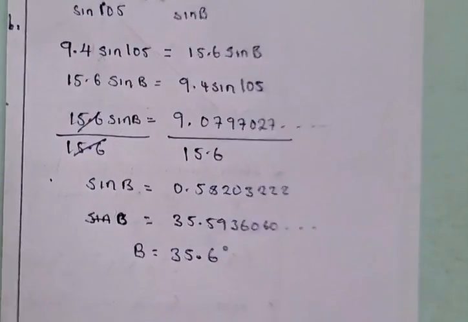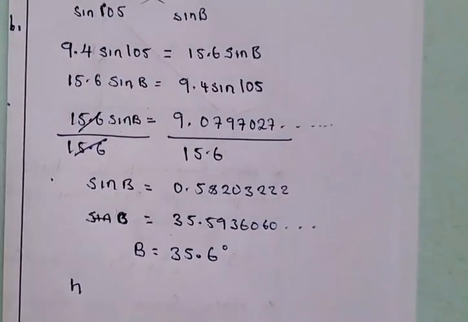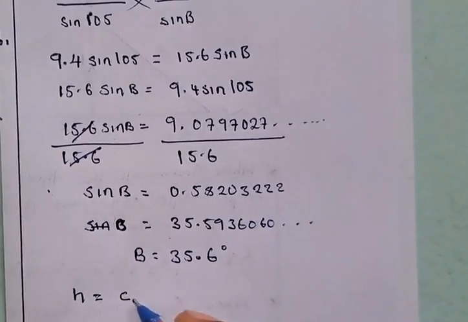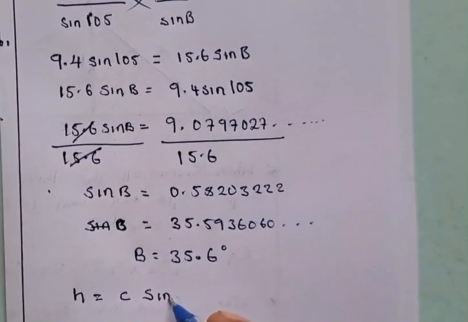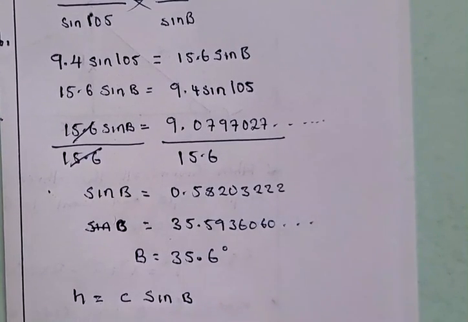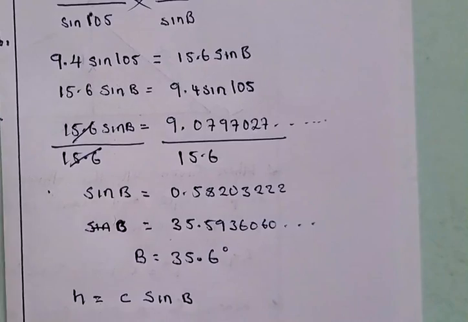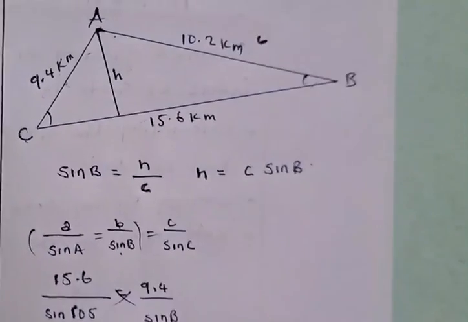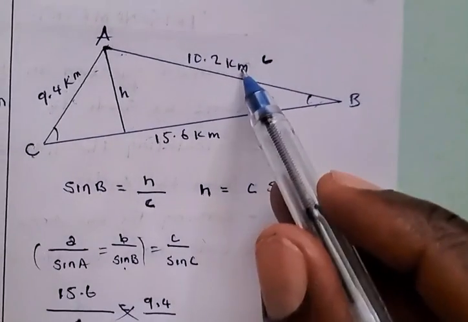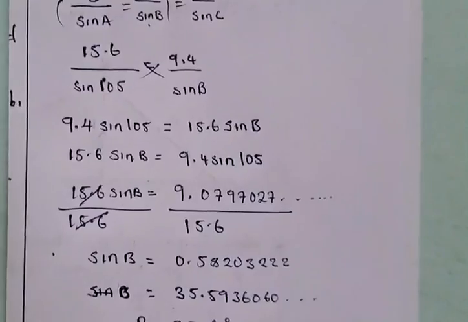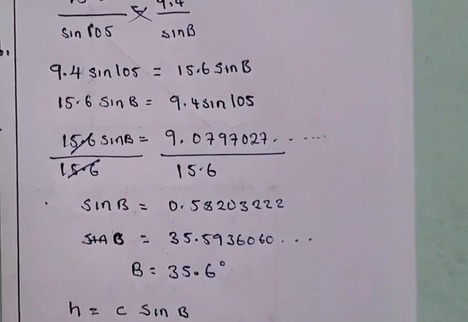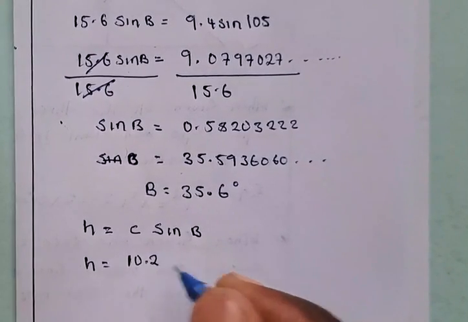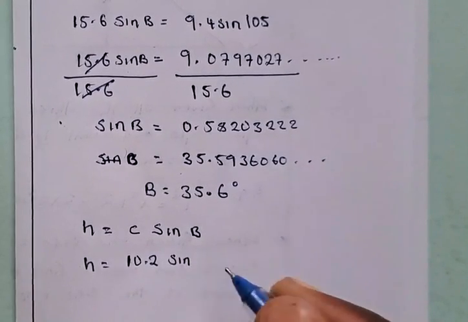So again we said h, I'll just write it once more. h is equal to c sine B. So h is equal to, what is our c? Our c, that is 10.2 there. 10.2 sine.